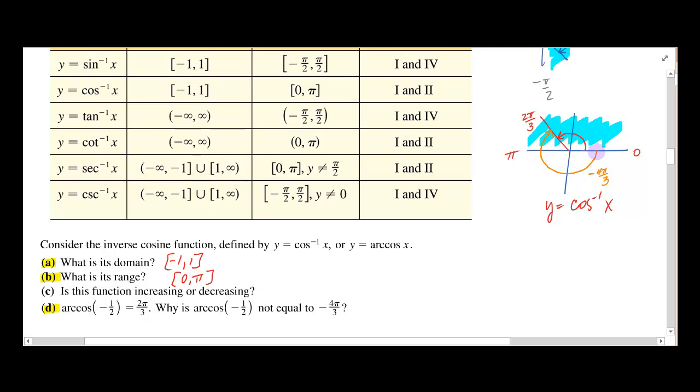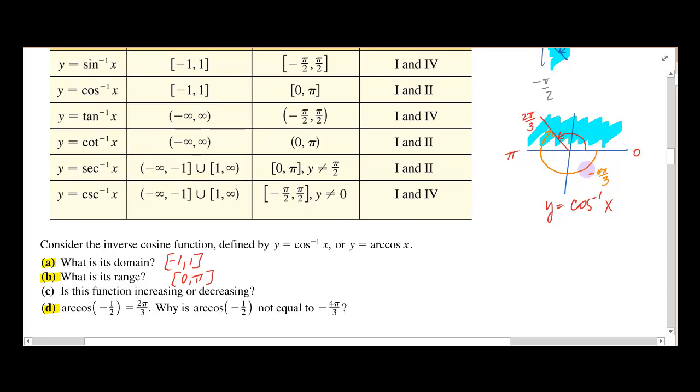Notice, although I'm ending up at the same position in quadrant 2, in other words, 2 pi over 3 and negative 4 pi over 3 are coterminal with each other, I left the zone. That's what I call it. I came out of quadrants 1 and 2, right? I never went through them.